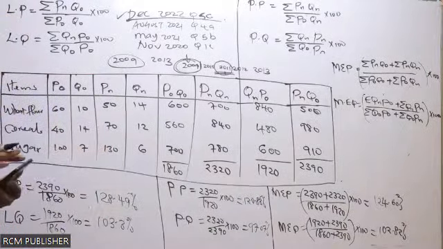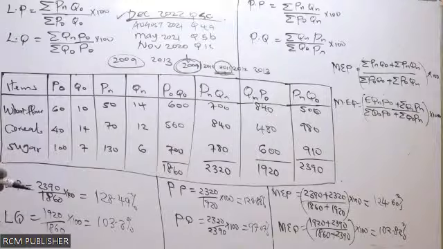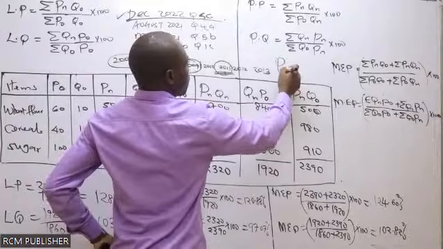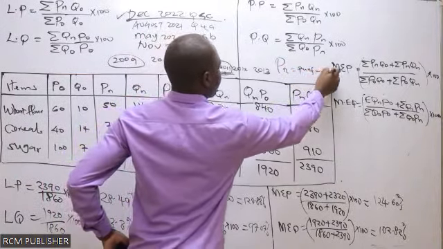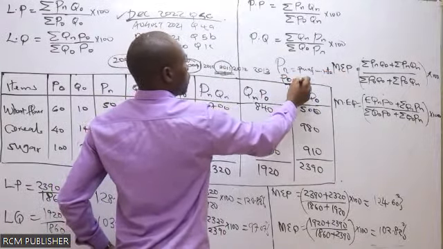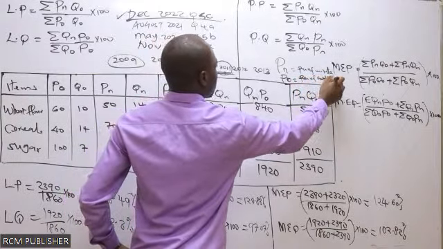What does base year mean? Base year means it is the comparison factor. Remember when we were saying PN represents price of the period of interest, and PO represents period of reference, which we call the base year.